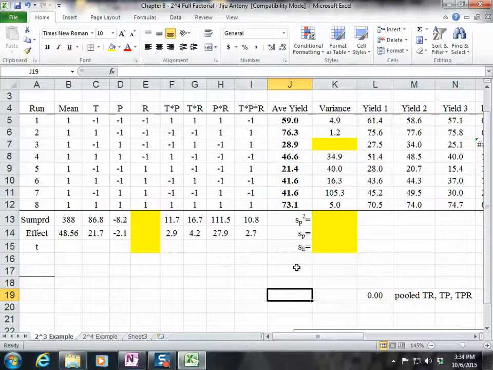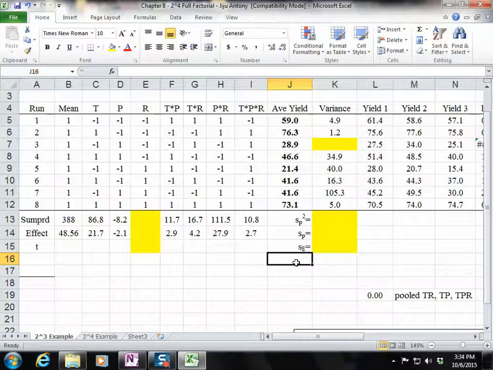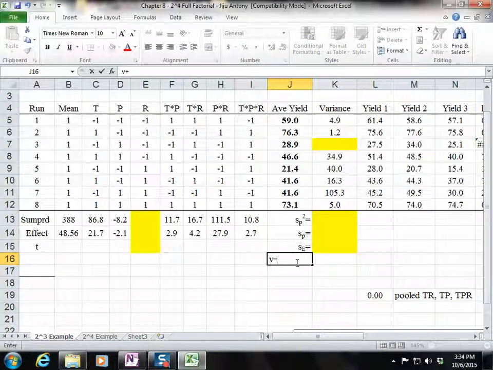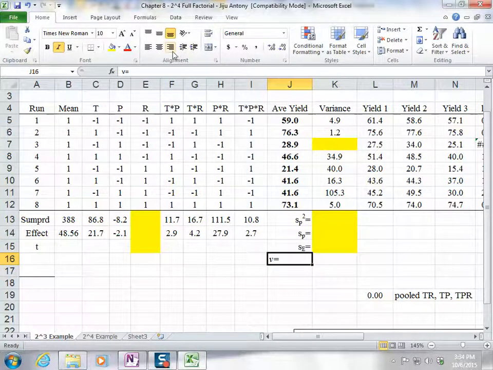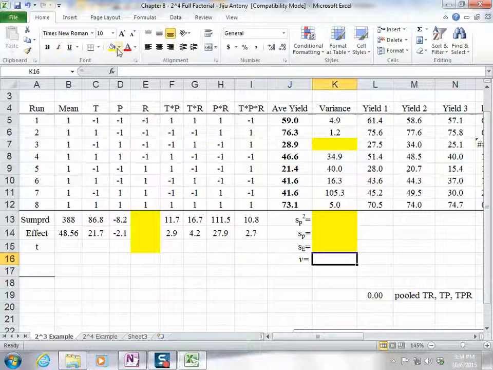Also, I'm going to add another yellow box: degrees of freedom.